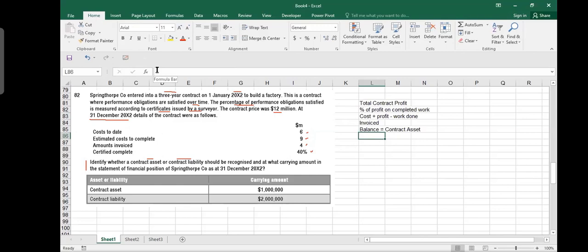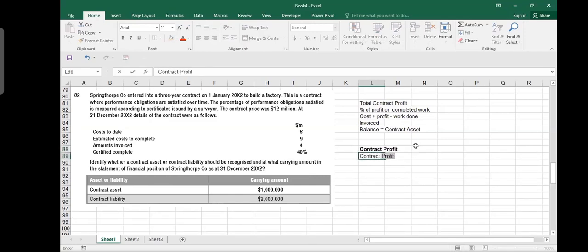We will find out how much is our profitability from this contract. So let's first find out the contract revenue. I called it contract profit. How do you calculate contract profit? You say contract revenue. So how much we have agreed? Contract price was 12 million. So this is 12 million here.